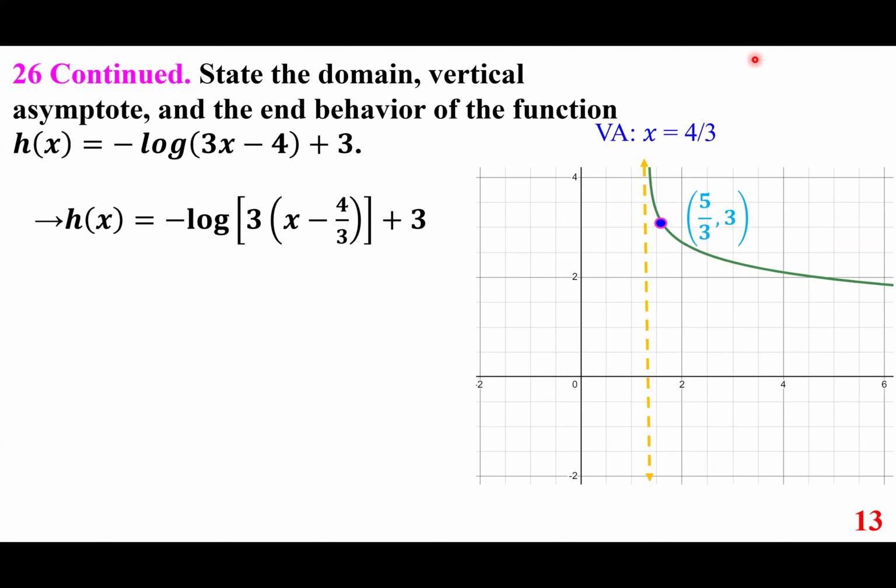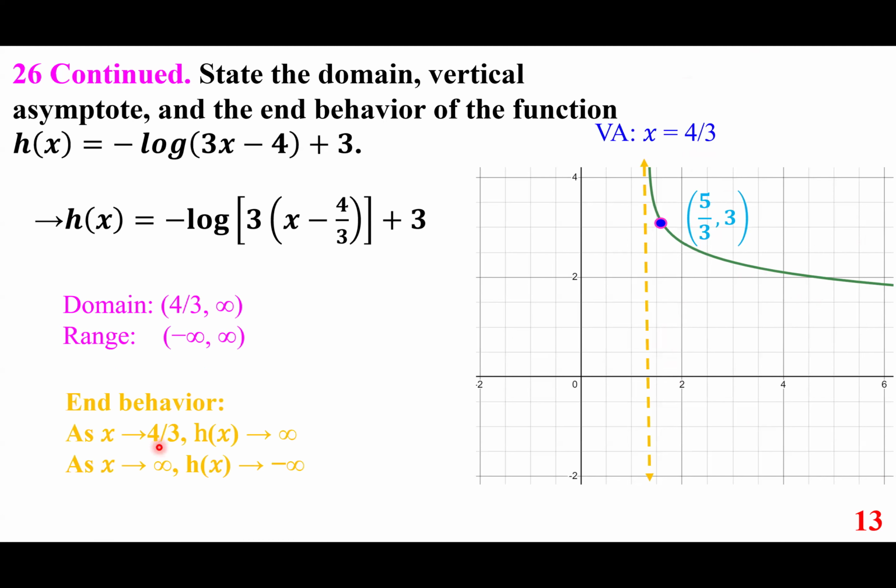The range hasn't changed, from negative to positive infinity. The end behavior: when x goes to infinity, when x gets larger, y goes down to negative infinity. When x goes towards 4/3, y or h of x blows up to infinity. So we write as x goes towards 4/3, h of x goes to infinity.